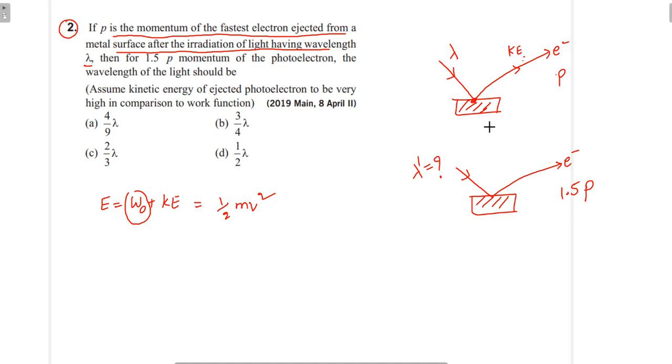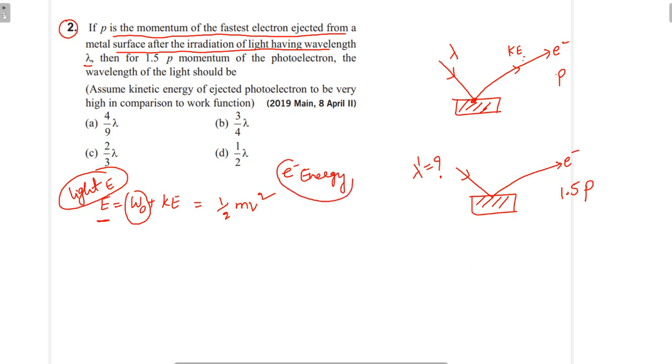And what about momentum? Momentum is mv. So here lambda equals, we know that this is the light energy, and this is the electron energy.